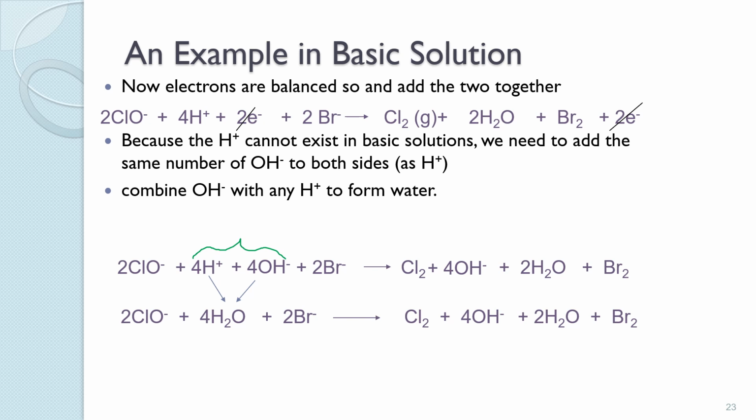Now this looks like it's balanced, and it mostly is, but keep in mind that I have 4 H2Os on that side and 2 on that side. So what I can do is subtract 2 from both sides. If I subtract 2 from this side, that cancels out. And if I subtract 2 from the other side, I'll have 2 left over.